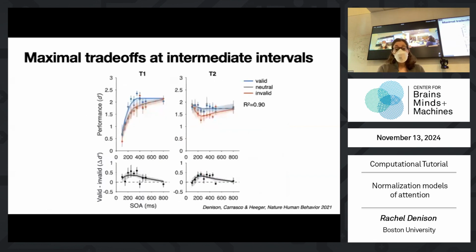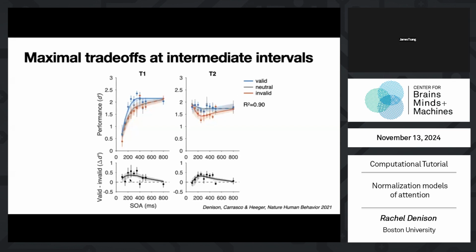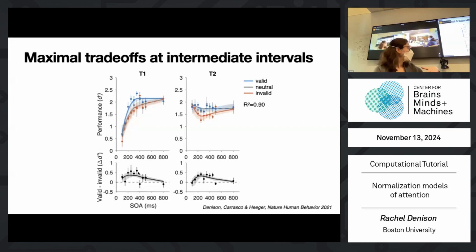And so we have mapped this out psychophysically to show that we have benefits, in the blue line, for when you're attending, valid trials, and costs when you're not attending, invalid trials, in red. And the difference between valid and invalid trials has a kind of temporal kernel where these trade-offs across time peak around 200, 300 milliseconds, and then fall off by the time you get up to about 1 second, right?